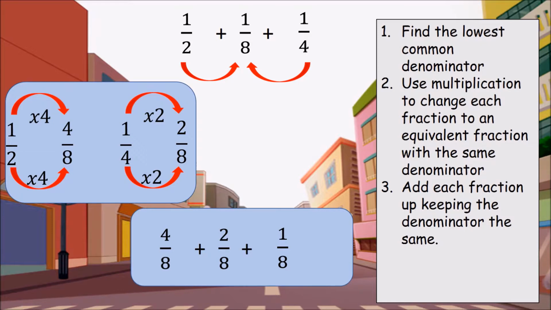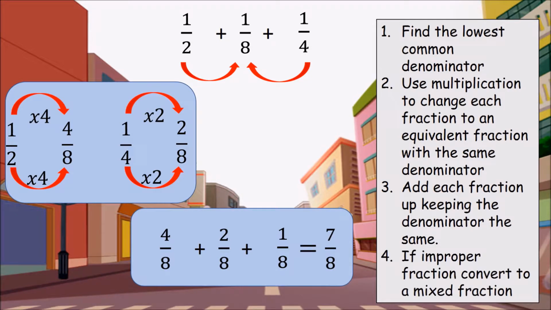So in this case, our denominator is going to be 8. Then we have the 4 plus 2 is 6 plus 1 equals 7. So the answer is 7/8. If this was an improper fraction, you'd need to convert the improper fraction to a mixed fraction. But in this case, it's not.